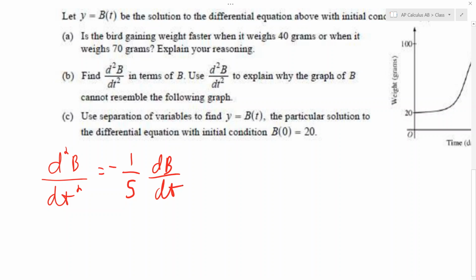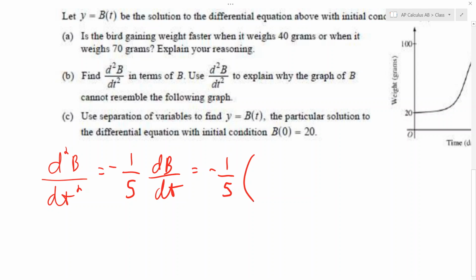But the derivative of something is only 1 if you're differentiating with respect to that thing. So it's really negative 1/5 dB/dt, and you never leave a dB/dt or derivative in there if you know what it equals.